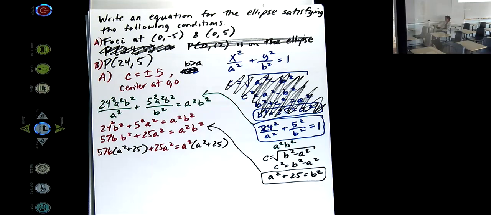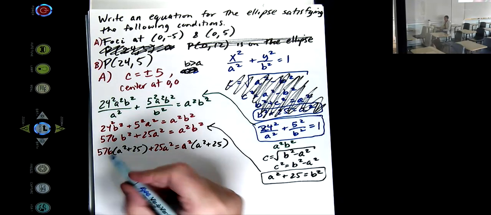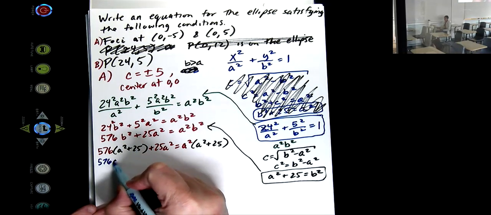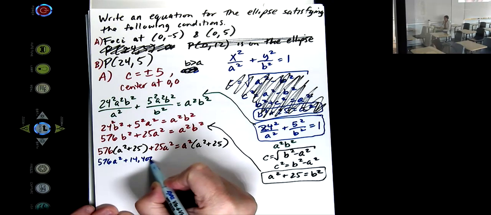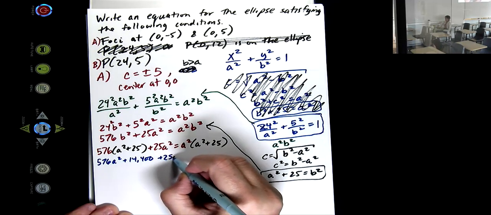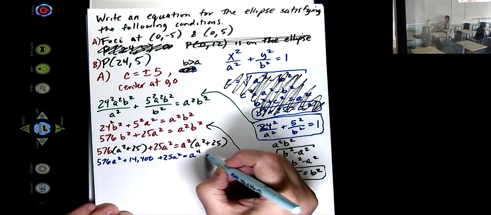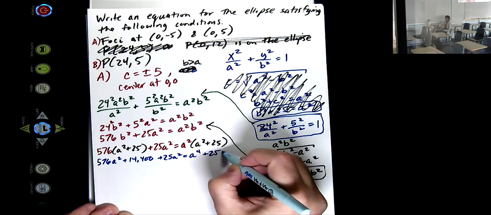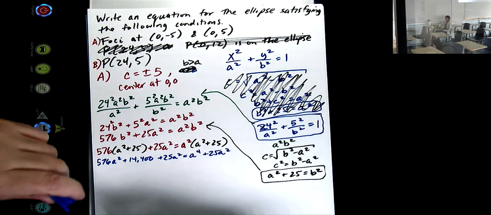576 times 25, if I do some distributing, I have 576 a squared plus 14,400. And then I've got plus 25 a squared equals a to the fourth power plus 25 a squared. Well, that's kind of convenient.